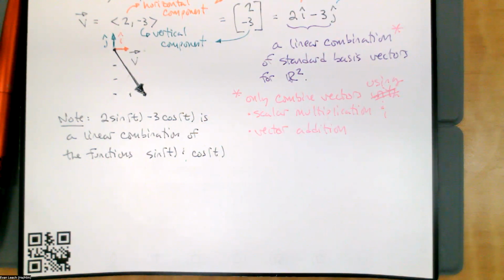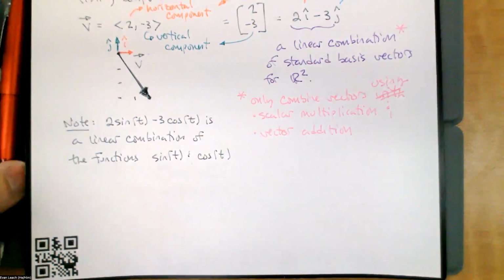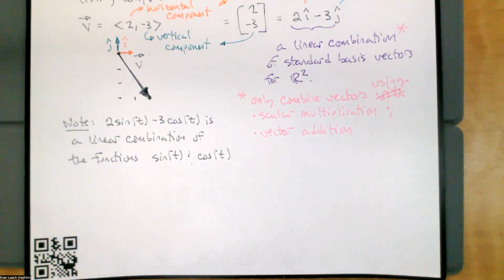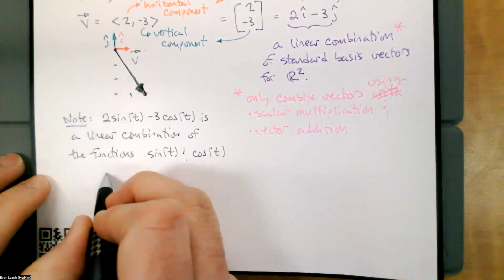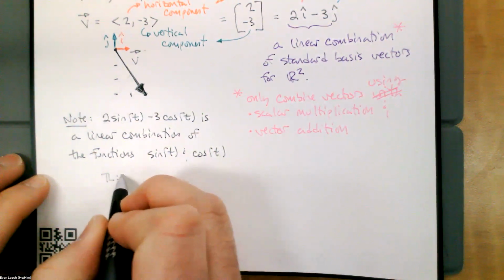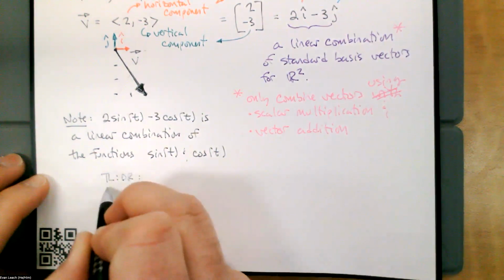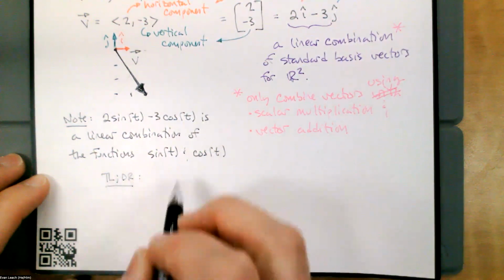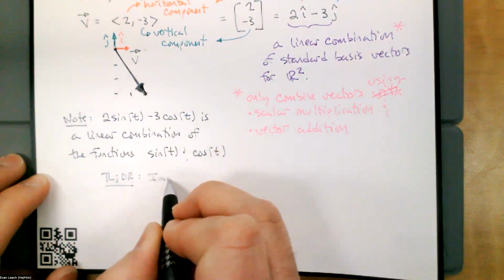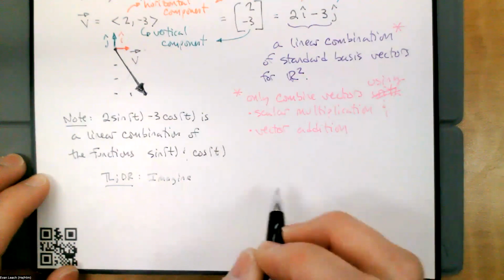We're going to imagine vectors as just arrows because we need a magnitude and a direction. For the TLDR, imagine vectors as little arrows. Too long, didn't read.